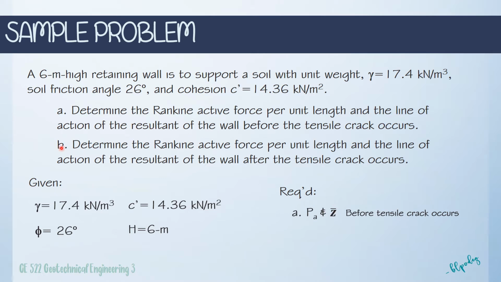The line of action of the resultant is simply z bar, which means where this force is acting on the height of the wall. So that is z bar. Case 1 is before the tensile crack occurs. Then letter B is after the tensile crack occurs.